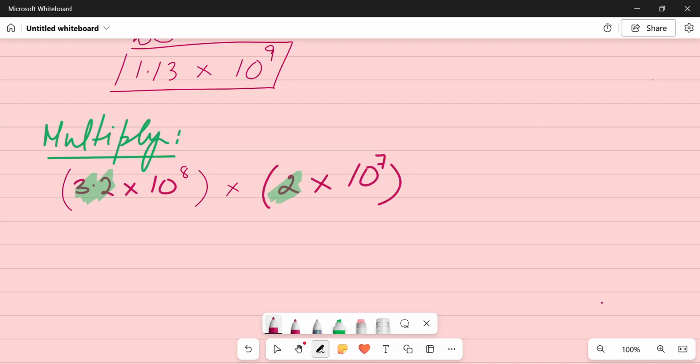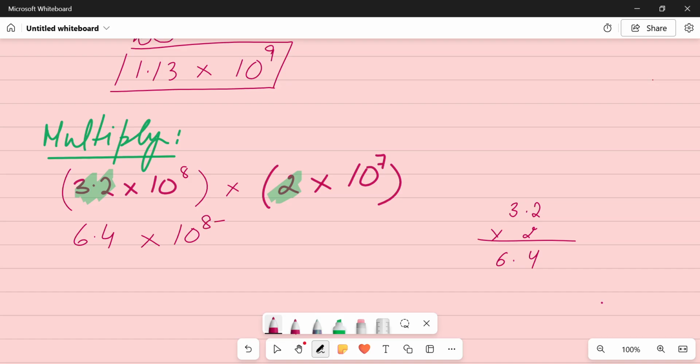3.2 multiplied by 2 gives you 6.4, right? In multiplication, as we learn indices, we will add the powers, right?